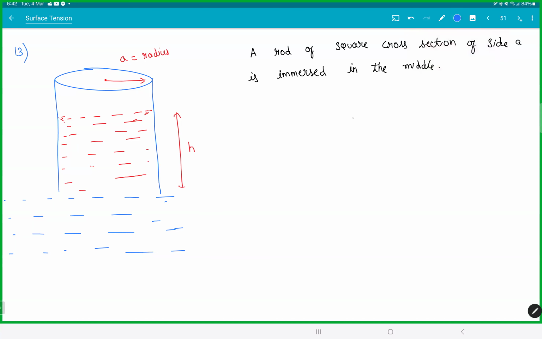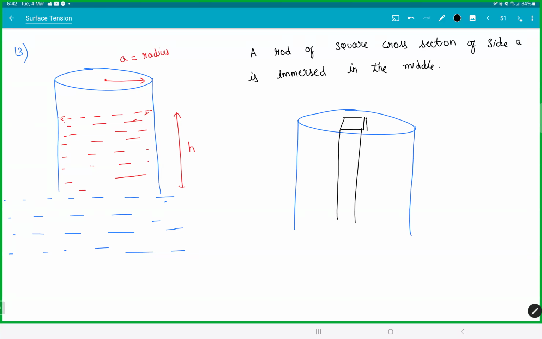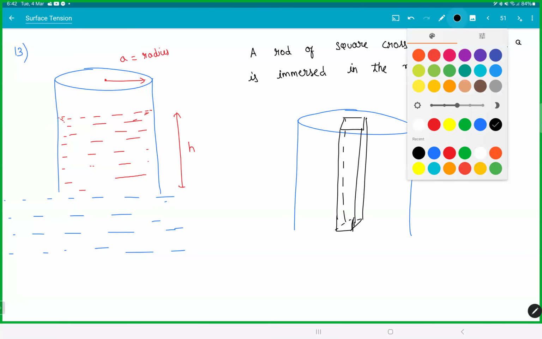Like this. Look at the picture. You kept the rod exactly in the middle like this. Then something happened and the liquid went up like this.